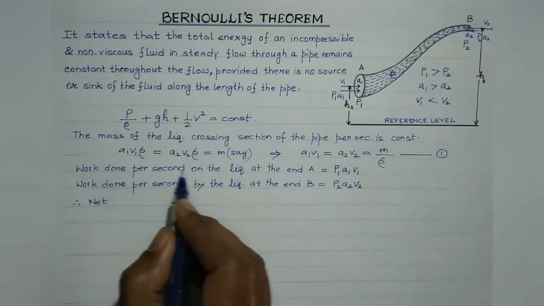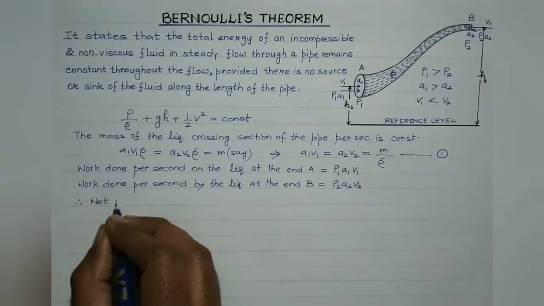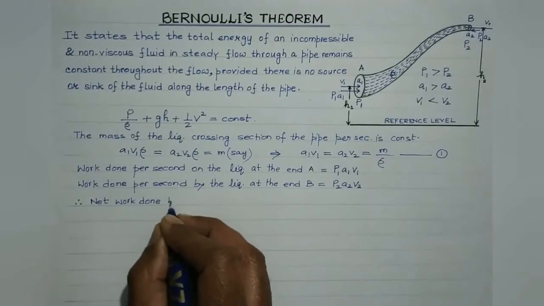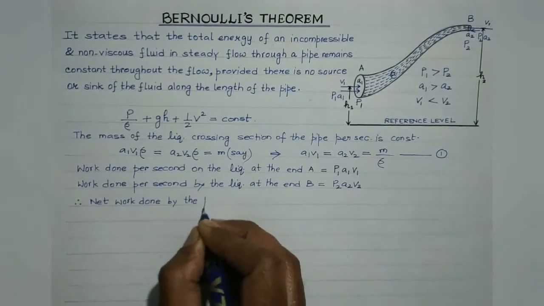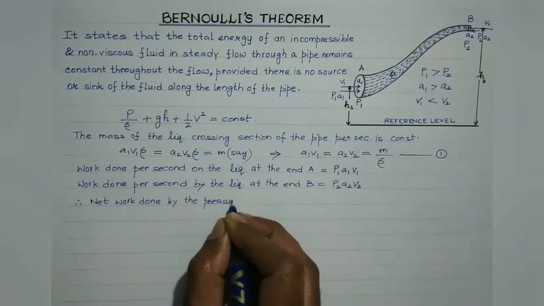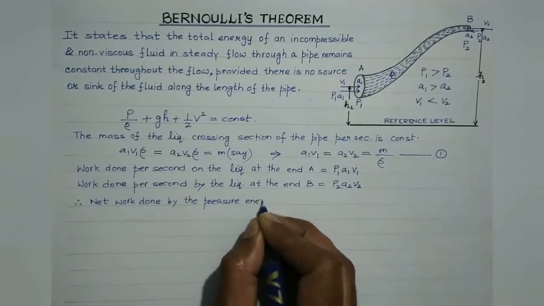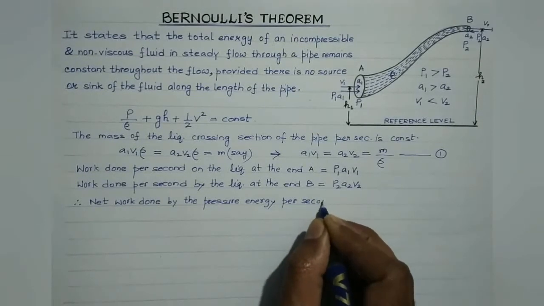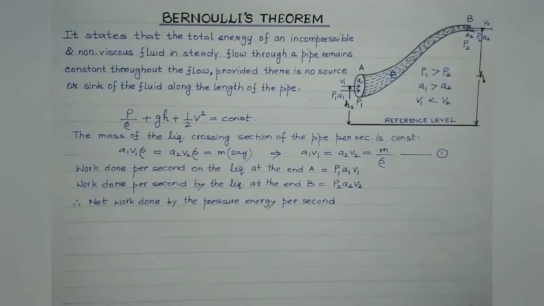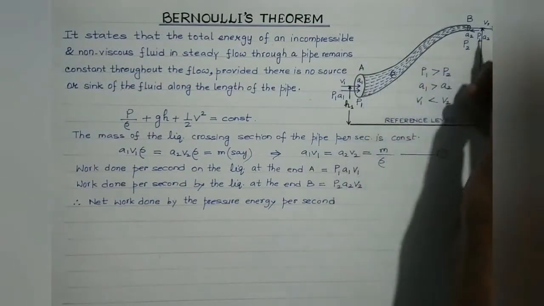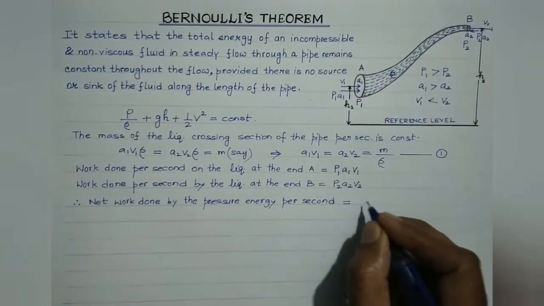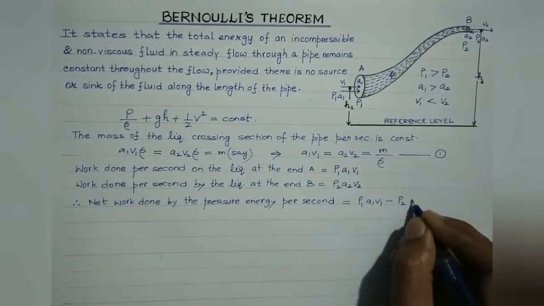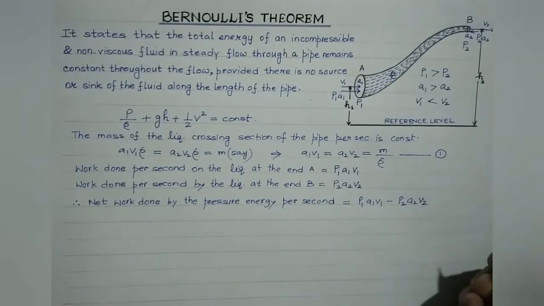Therefore, the net work done by the pressure energy per second in moving the liquid from A to B is given by P1 A1 V1 minus P2 A2 V2.